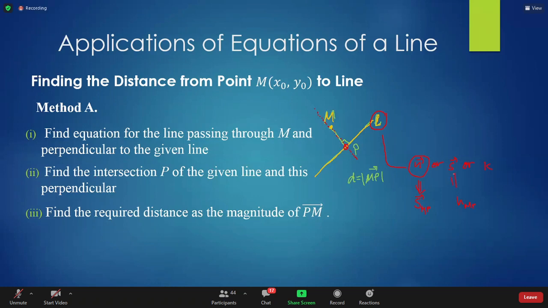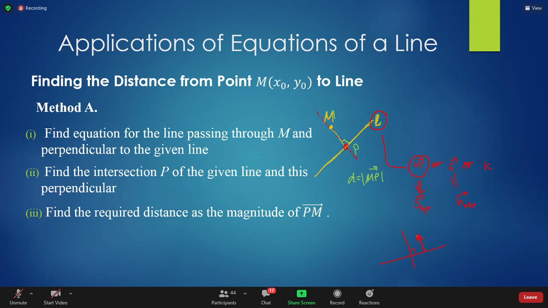Because if I have two perpendicular lines, what works as the normal vector for one line is very good as the direction for the other line. If two lines are perpendicular, the normal vector of one line is the same as the direction vector of the other line. So in principle, we already generally will have a vector for this line, MP.